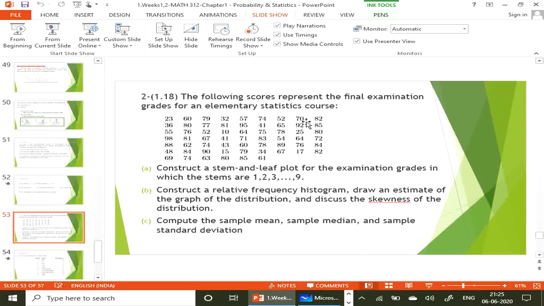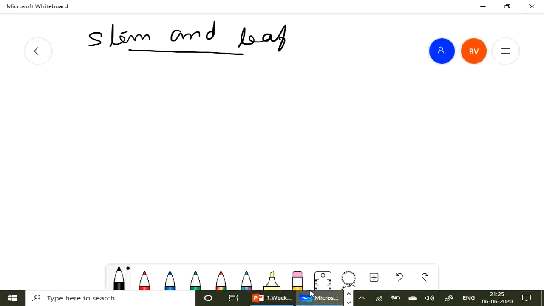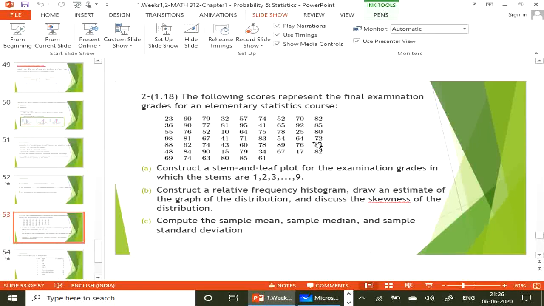There are 60 and probably all the elements are between 0 and 100. So I can classify them into between 0 to 10. So the stem should be 0. Between 10 to 20 the stem will be 1, so my stems are 0, 1, 2, 3, 4, 5, 6, 7, 8 and 9, because there is no 100, only 2-digit elements we have, isn't it?